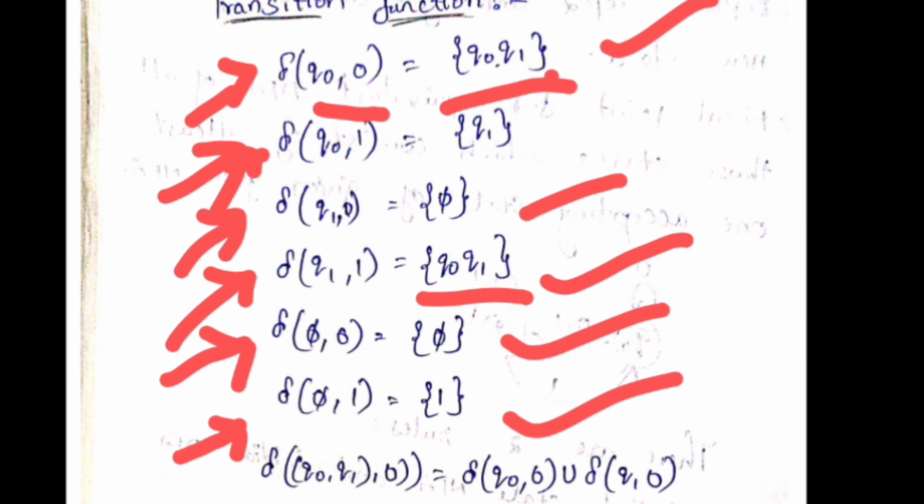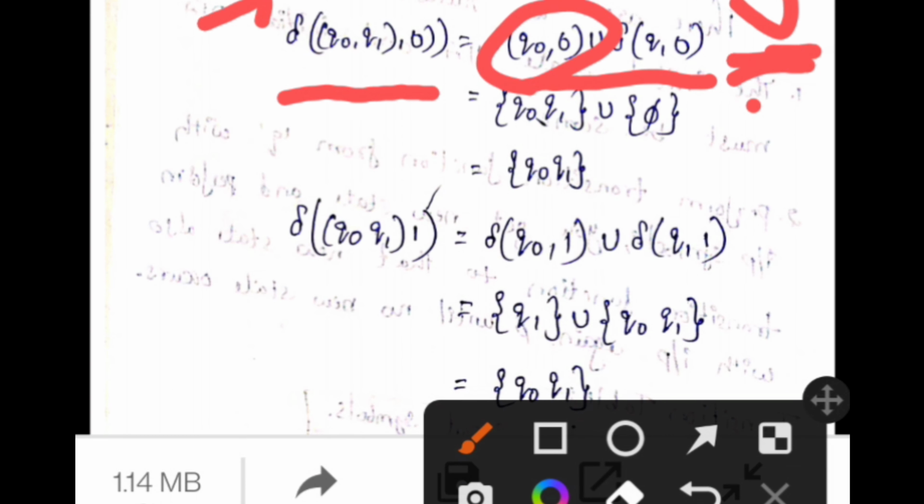So here delta of Q0 Q1 with the input symbol 0. You need to write it like this: delta of Q0 comma 0 union delta of Q1 comma 0. What is the meaning of union? The combination of both the sets. Here, what is Q0 comma 0?